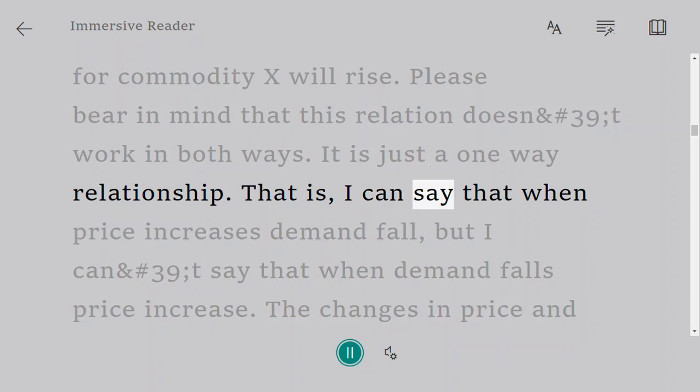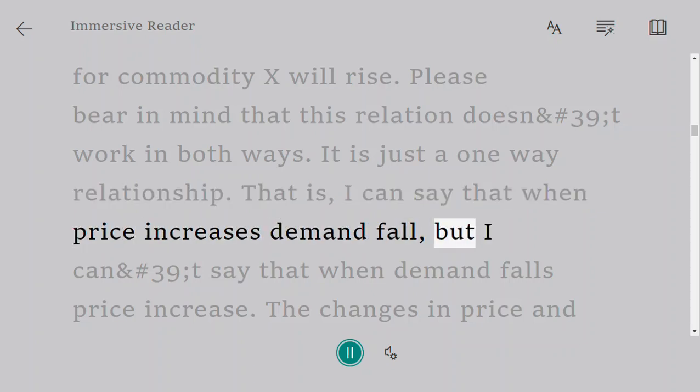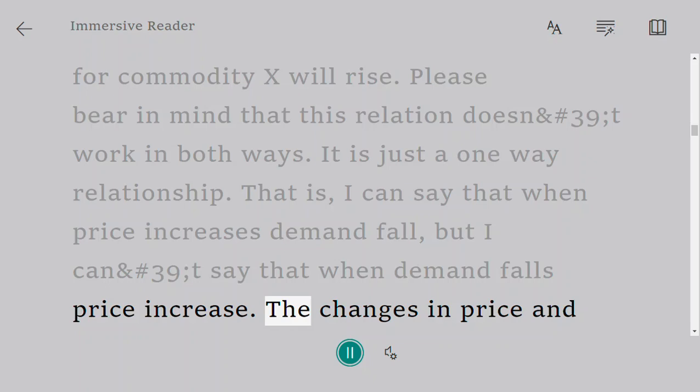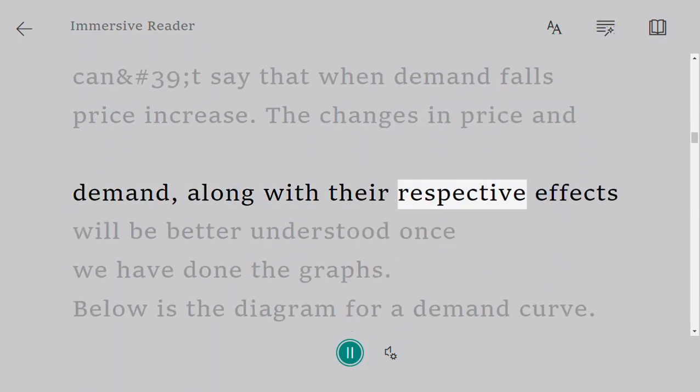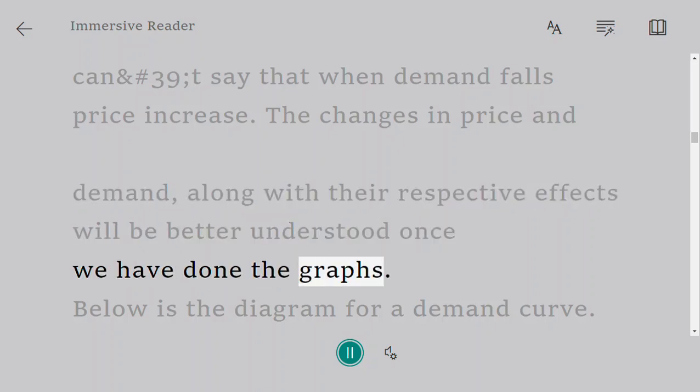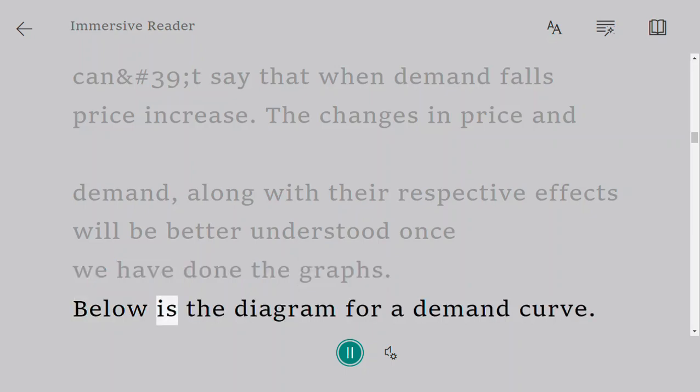That is, I can say that when price increases demand falls, but I can't say that when demand falls price increases. The changes in price and demand, along with their respective effects, will be better understood once we have done the graphs. Below is the diagram for a demand curve.